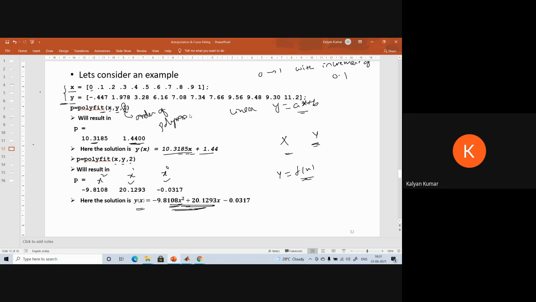and the order can be a maximum based upon the number of data points. If there are n plus 1 data points, then we can get an nth order polynomial only.